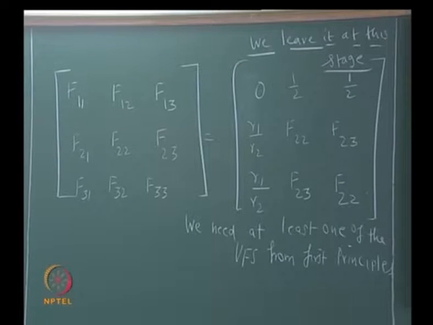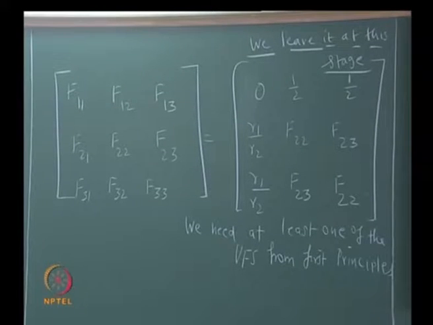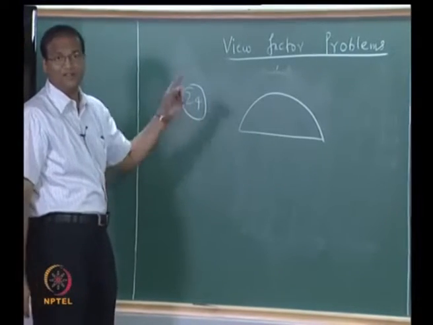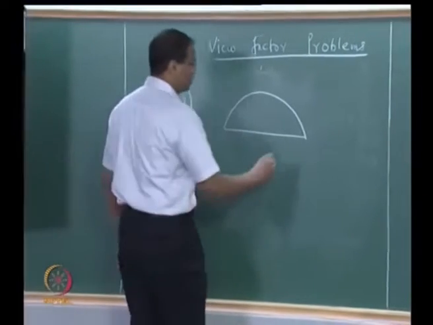Let us solve another problem. There is a surface like this, it is enclosed by a hemispherical, not hemispherical, semicircular disc, this is 1.